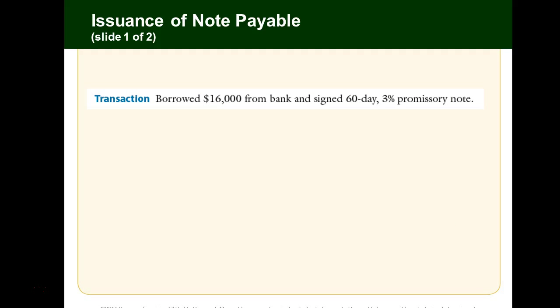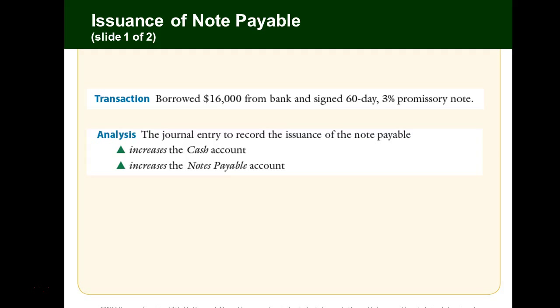Here's an example. Borrowed $16,000 from the bank and signed a 60-day, 3% promissory note. What are we going to do here? We record a journal entry because it's a business transaction with an economic event. When we borrow that money, what happens to our cash? It goes up. What happens to our liability? It goes up.